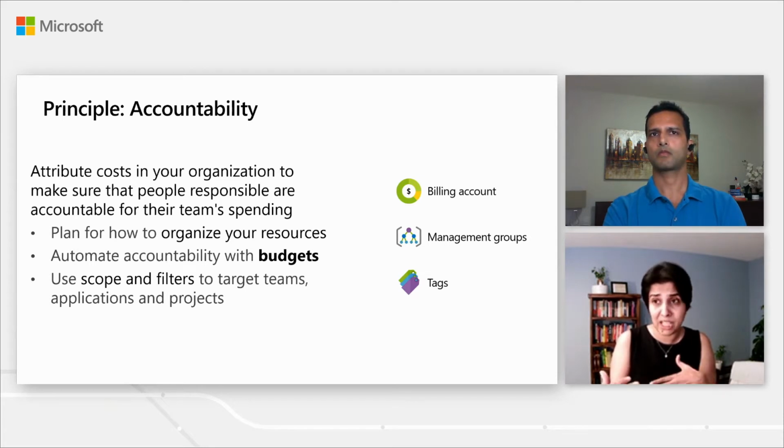For example, if you had an application and you set a tag with the application name, you can use budgets to ensure that any resource that is spun up with this tag should not exceed this budget. So you have the power of accountability to not just view your cost, you can actually attribute cost to folks in your organization who are responsible for the spend and hold them accountable for their spend.